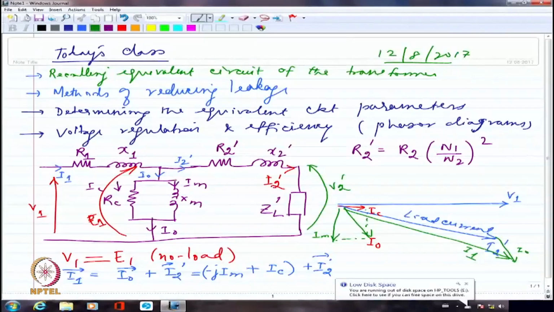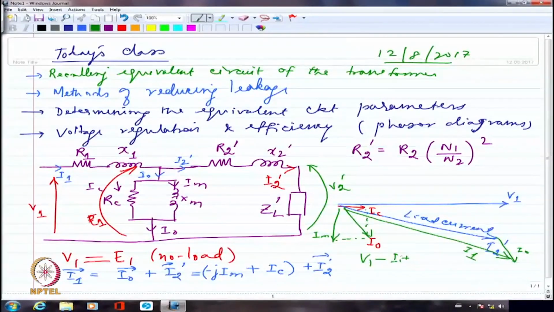So I should be able to write this saying V1 minus I1 multiplied by (R1 plus jX1) will be E1, which is also equal to E2 dash.